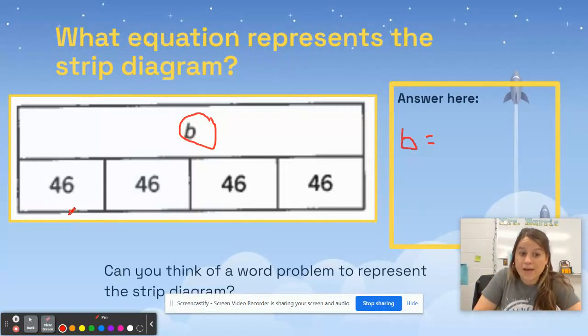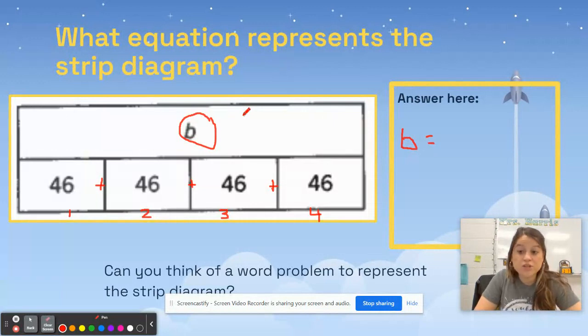Well, I can see that I have 1, 2, 3, 4 groups, right? 4 groups of what? I have 4 groups of 46. This strip diagram is telling me 46 plus 46 plus 46 plus 46 is going to give me my total.